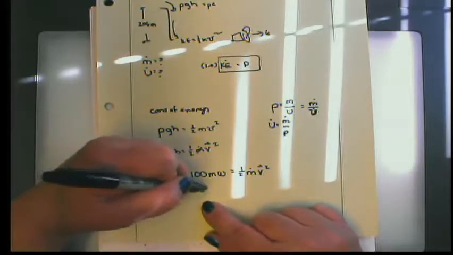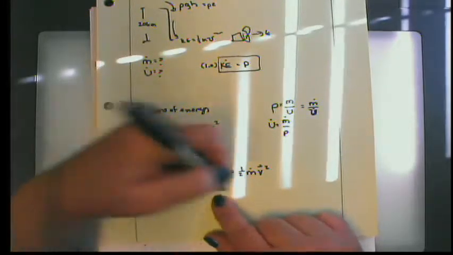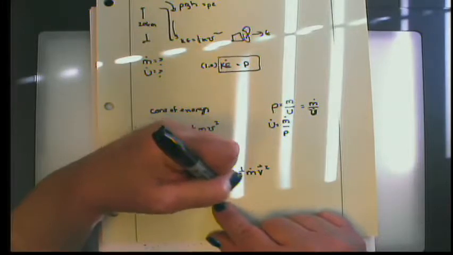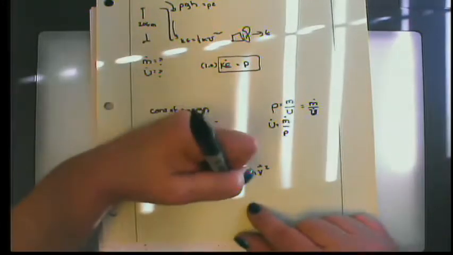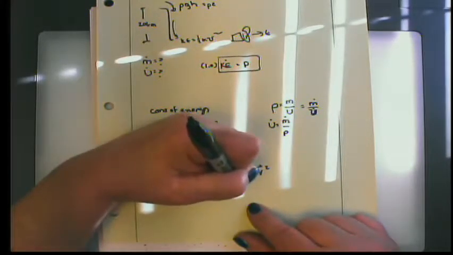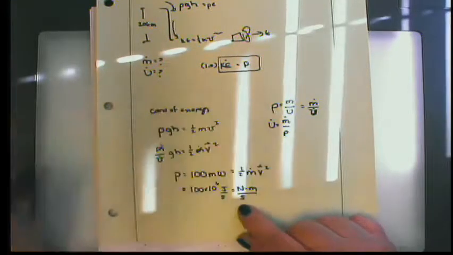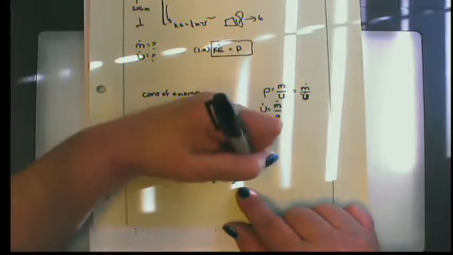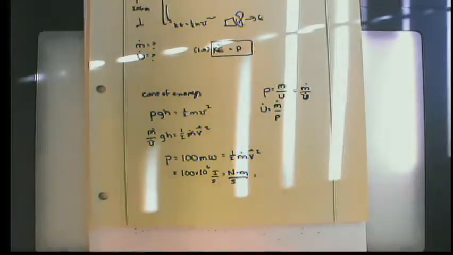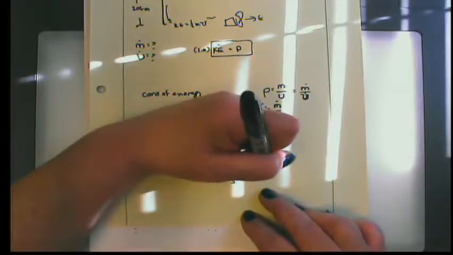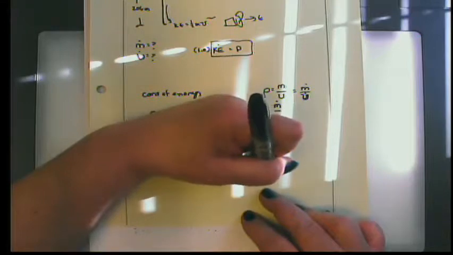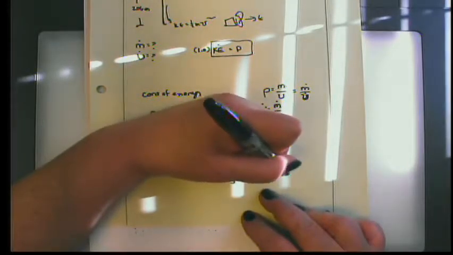Megawatts is 10 to the 6th watts, which is a joule per second, which is a Newton meter per second. And a Newton, once again, when we did our work with Newton's second law, we know that a Newton is a kilogram meter per second squared.